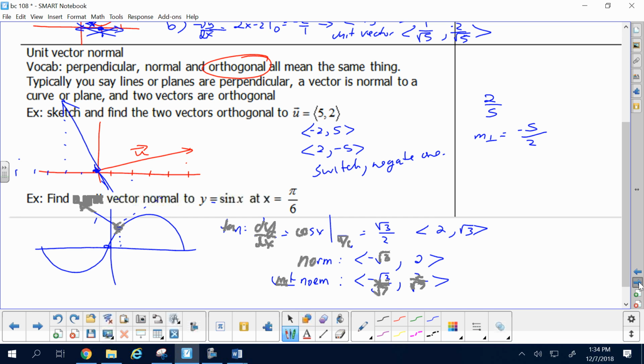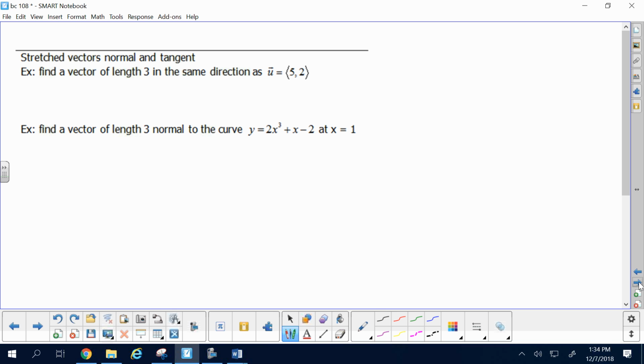All right, almost done. Last but not least, it's often the question that you don't want it 1 unit long. You want it 3 units long, or 10 units long, or 20 units long. So finally, find a vector of length 3 in the same direction as vector u. I'm going to draw a picture just to close.